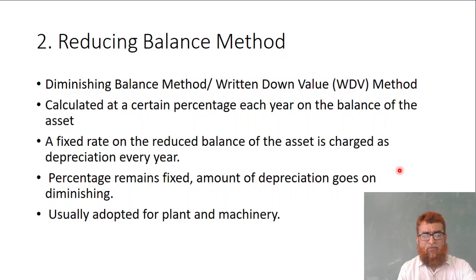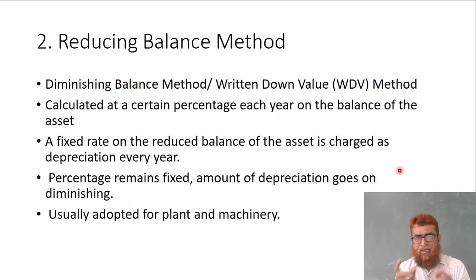If, for example, 50,000 is the cost of the asset and 10% is the rate of depreciation, under reducing balance method, depreciation for first year will be 50,000 into 10%, 5,000. So, first year depreciation is over.